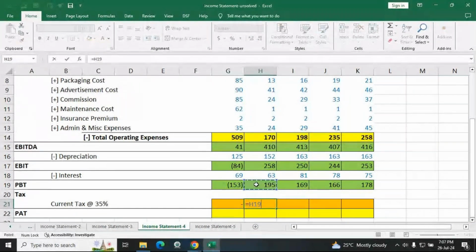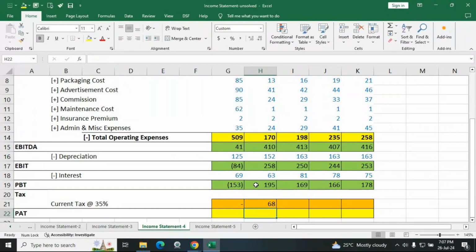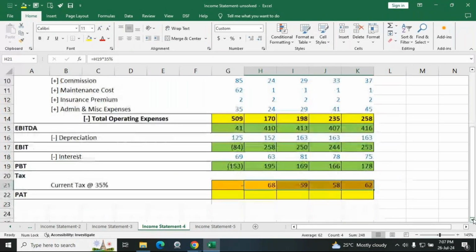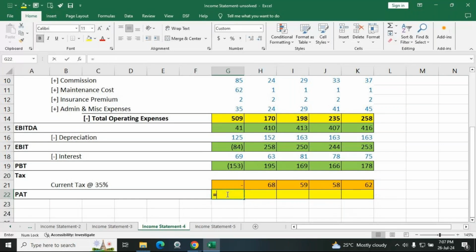Then the second year value into 35% tax. PAT will be PBT minus tax. First year it's a loss, and you have to get these values. So everybody got this answer?